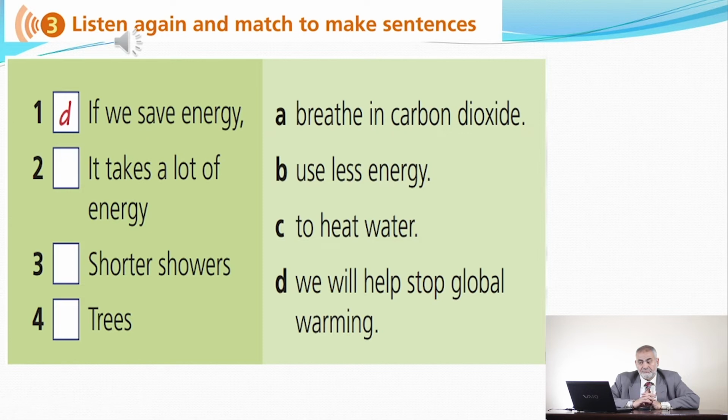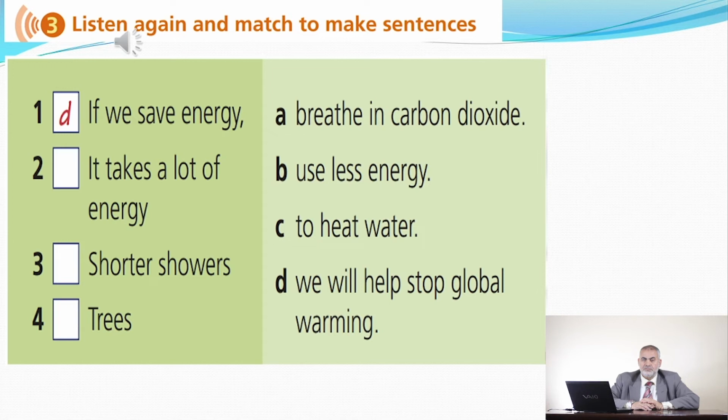Try to save energy at home. About 1/6 of the energy we use is to heat water. So try to use less hot water. When we wash our clothes, it's better to use warm water instead of very hot water. Also, try to have shorter showers. Most showers take about 8 minutes. In a 3-minute shower, more than half the energy is saved. Another thing people can do to help the environment is to plant trees.